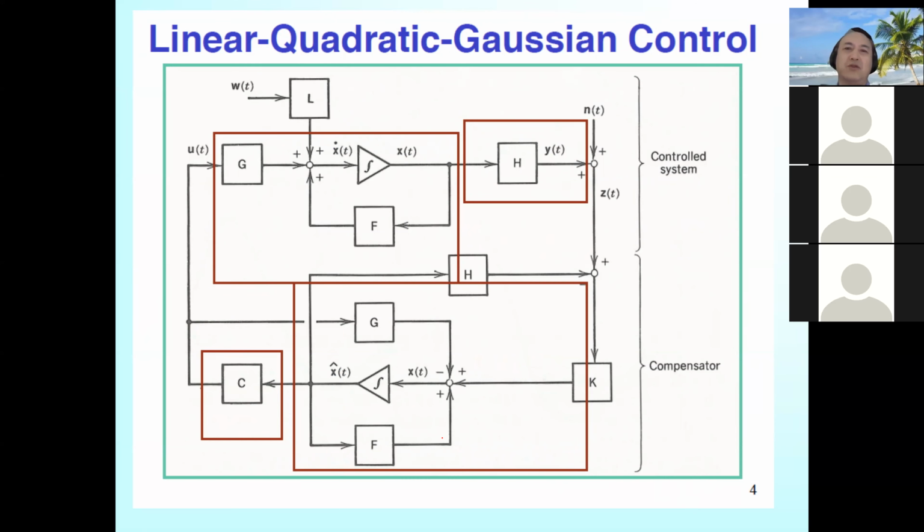So in linear quadratic Gaussian control, we have a similar structure here, like what we learned with ABCD.